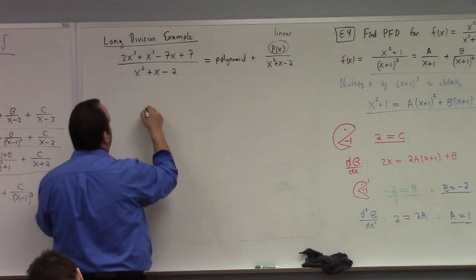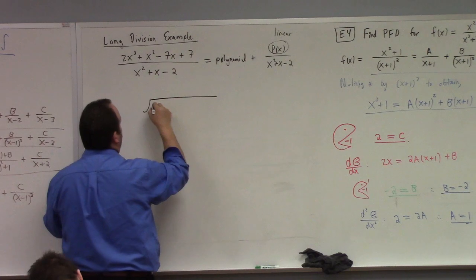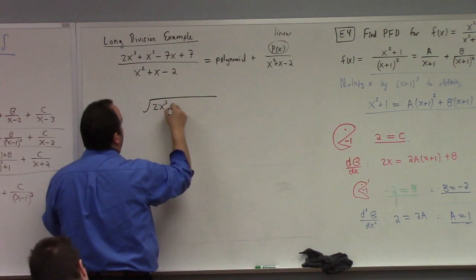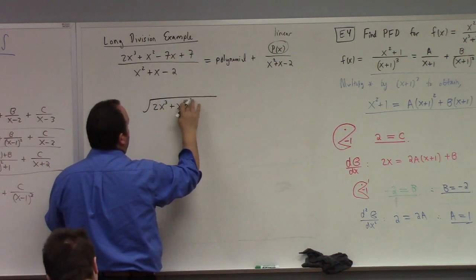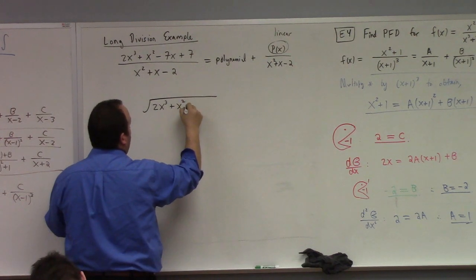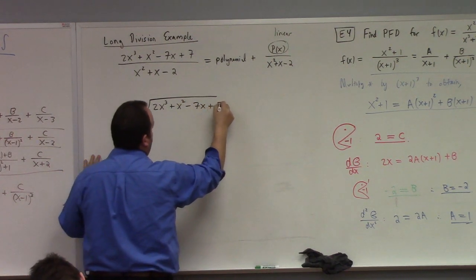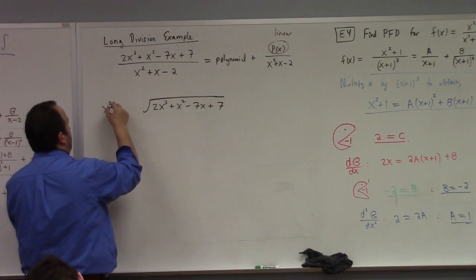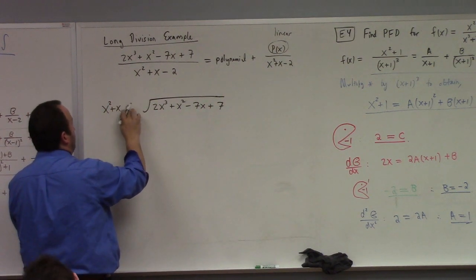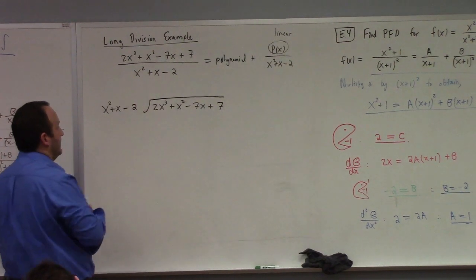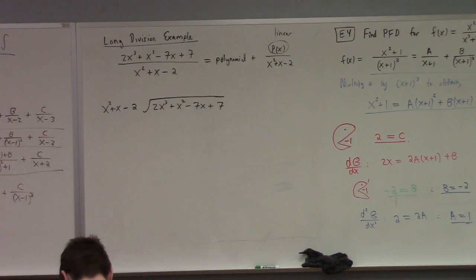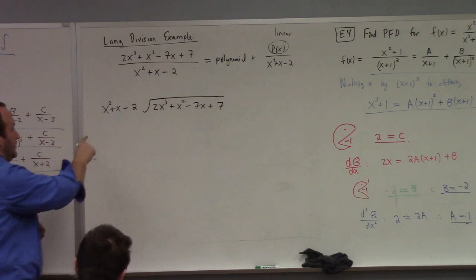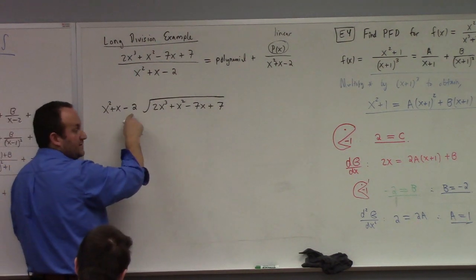So we write 2x cubed plus x squared minus 7x plus 7, and we're going to divide x squared plus x minus 2 into that. I have to kill off that 2x cubed term, so I multiply x squared by 2x.